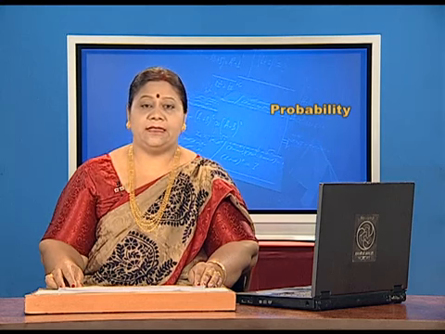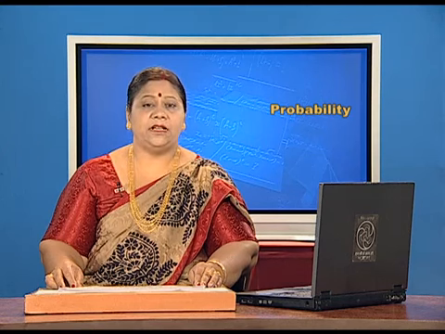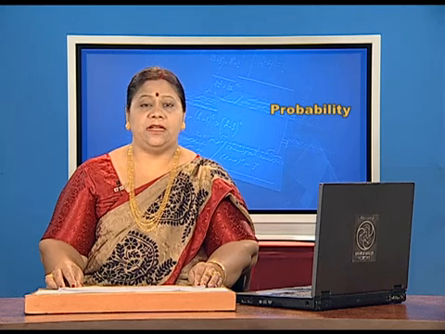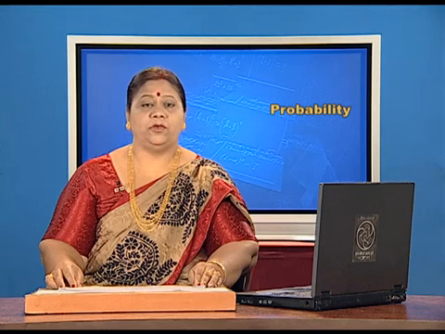When the sets A and B are two events associated with a sample space, then A union B is the event either in A or B or both.